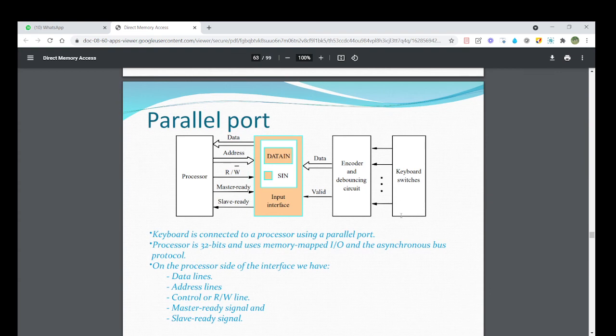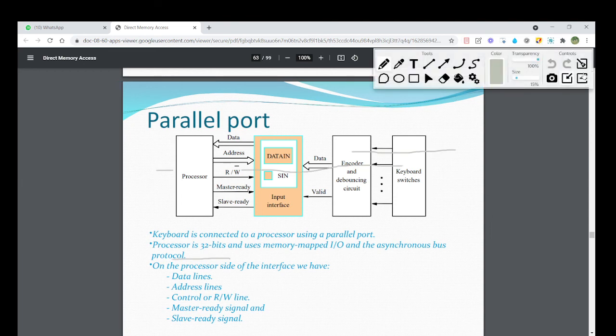So here is the diagram which shows the parallel port. Here we have the processor. As we have already seen in the introduction of interface circuitry, the processor has the data, the address, and the control lines.